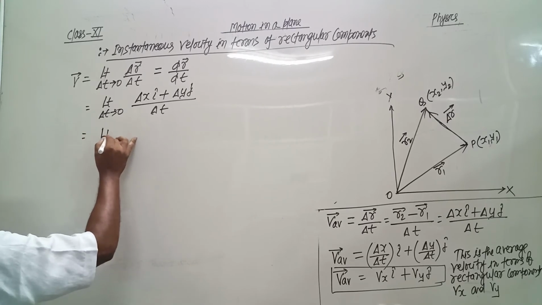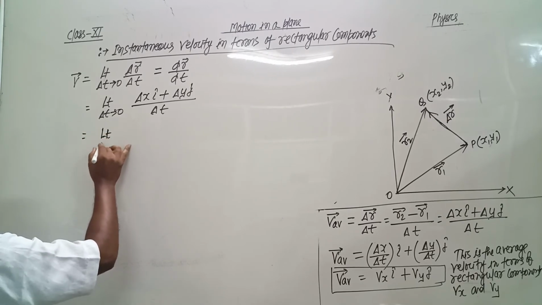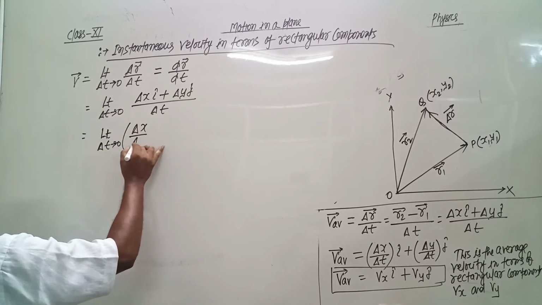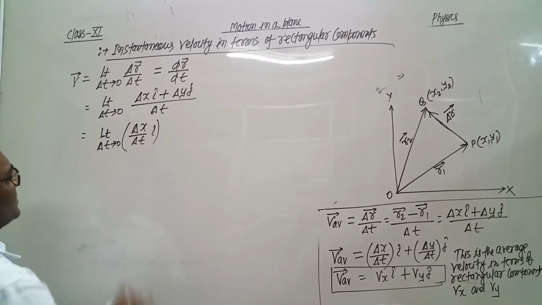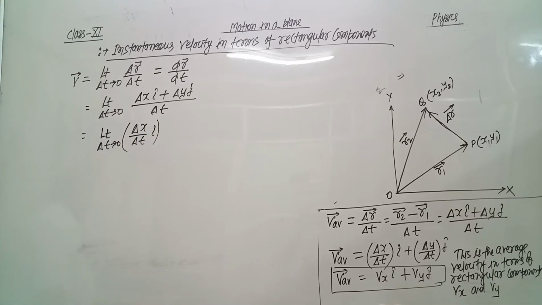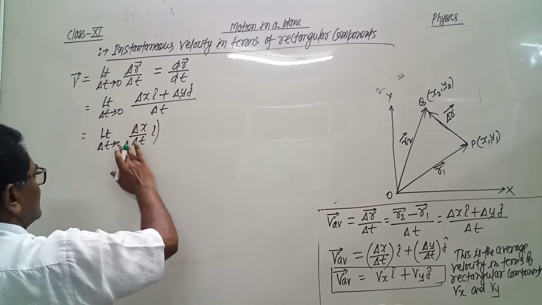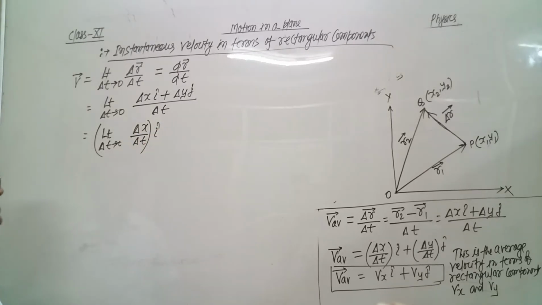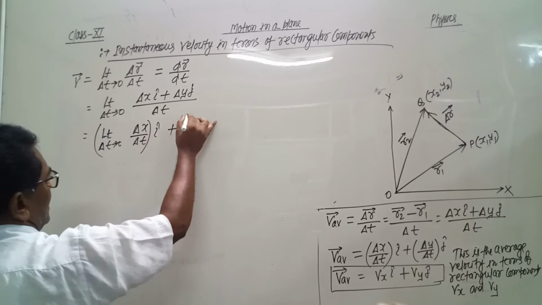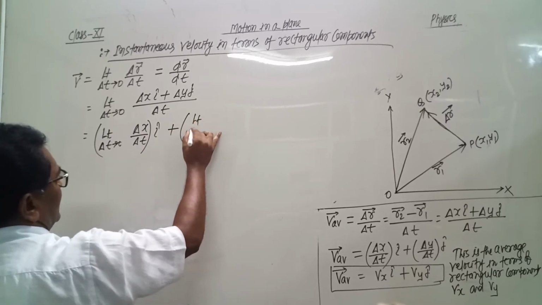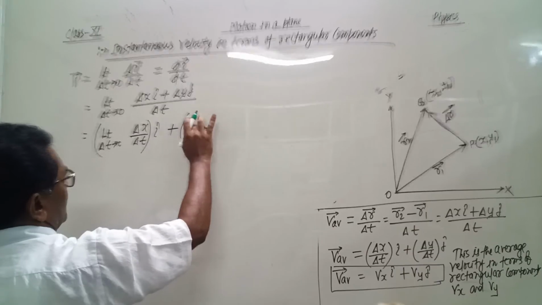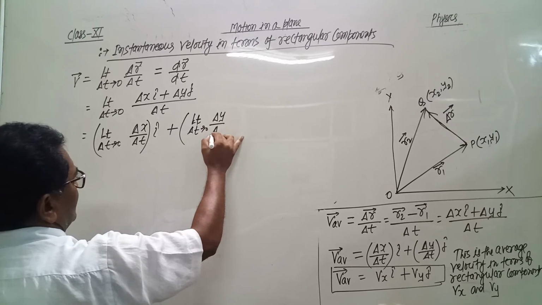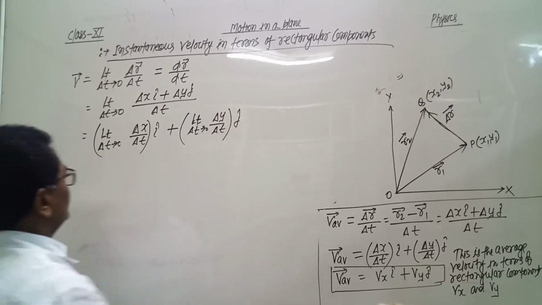Now we separate both the terms: limit delta t tends to 0 delta x by delta t into i cap, plus limit delta t tends to 0 delta y by delta t into j cap.